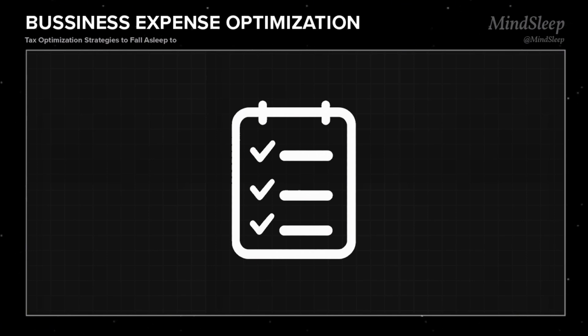Timing strategies play a crucial role in expense optimization. The principle of expense recognition dictates when a business can claim a deduction. Generally, expenses are recognized in the year they are incurred. However, there are nuances to this rule that savvy business owners can leverage.